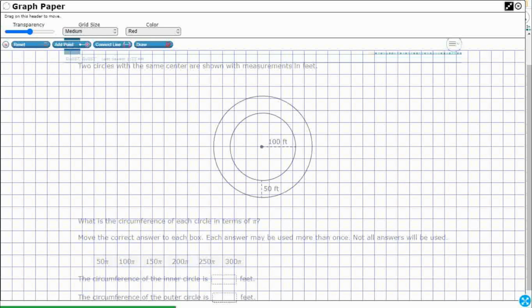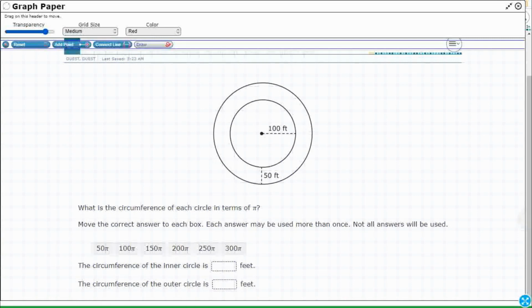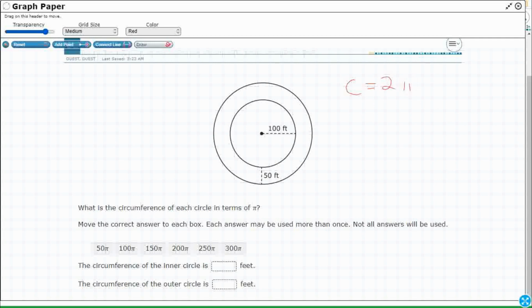All right, so opening up our graph draw feature. We've got 2 circles, the inner circle and the outer circle here. And let's see, circumference equals 2 pi r. So all we need to do is translate each of these circles into an equation of what circumference is.